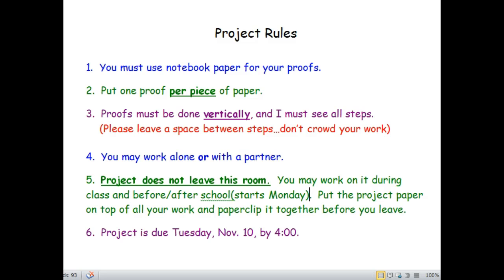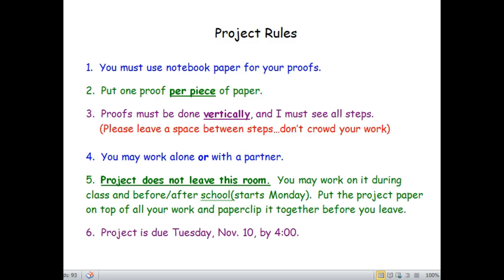Let's see. Am I forgetting anything? Yes, on Tuesday, your projects will be due at 4 o'clock p.m. At 4 o'clock on Tuesday, I'm going to walk back to your boxes, and you're going to be putting your stuff in a box in the back.